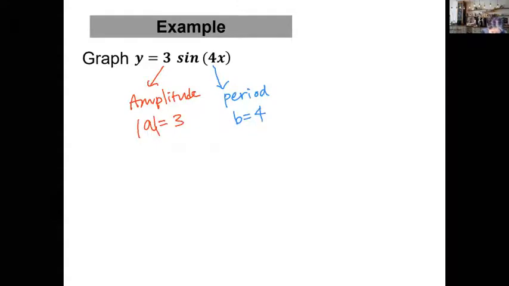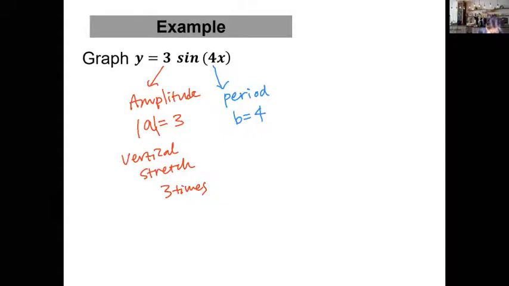Then this means a vertical stretch 3 times, right? Then this B being 4 as a value means we will see 4 even repetitions within 2 pi, right?